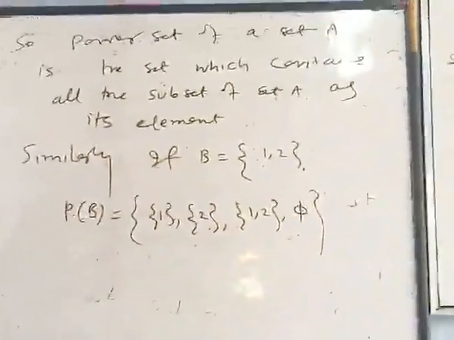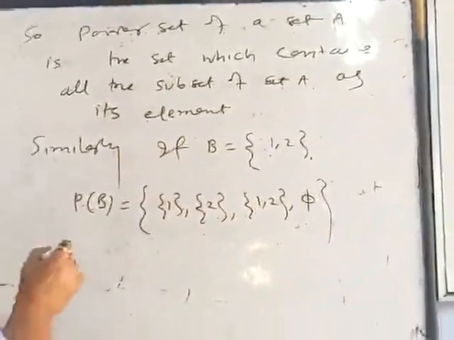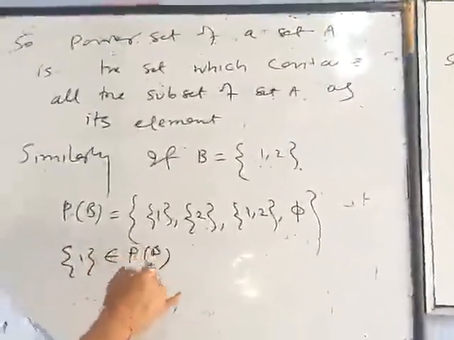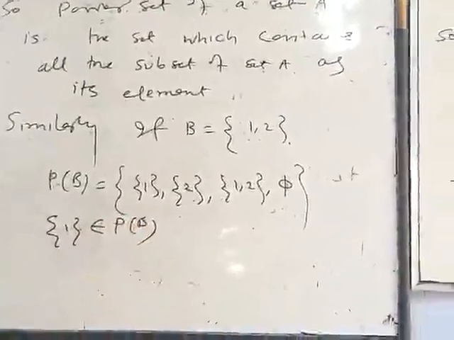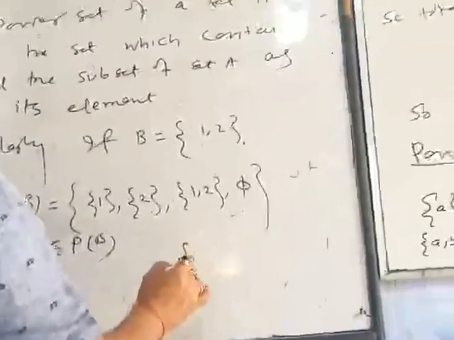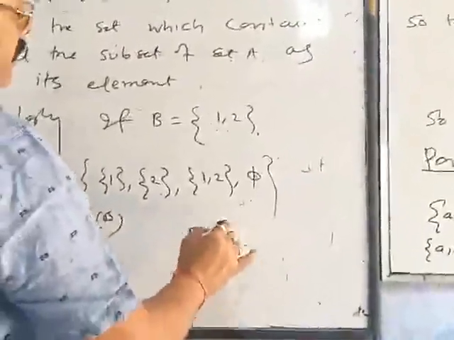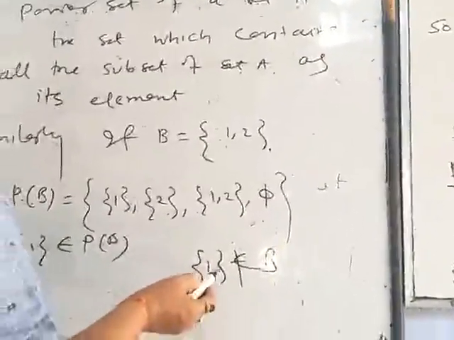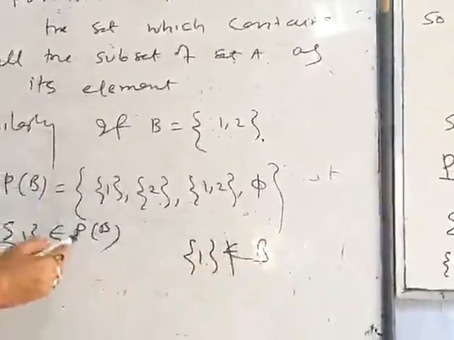Here {1} belongs to P(B), but there is a confusion among students. {1} does not belong to B. It is a set, so a set cannot belong to a set in that way, but it is in the power set.